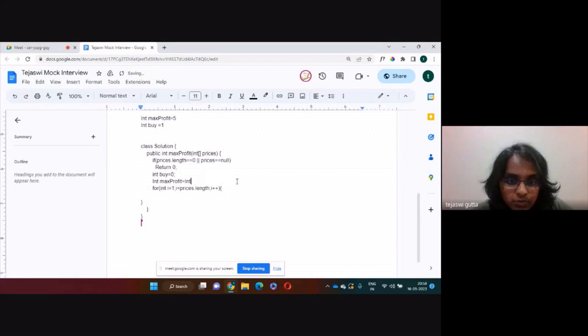This can be zero. So max profit is equal to max dot max of max profit, and then prices of i minus prices of buy.